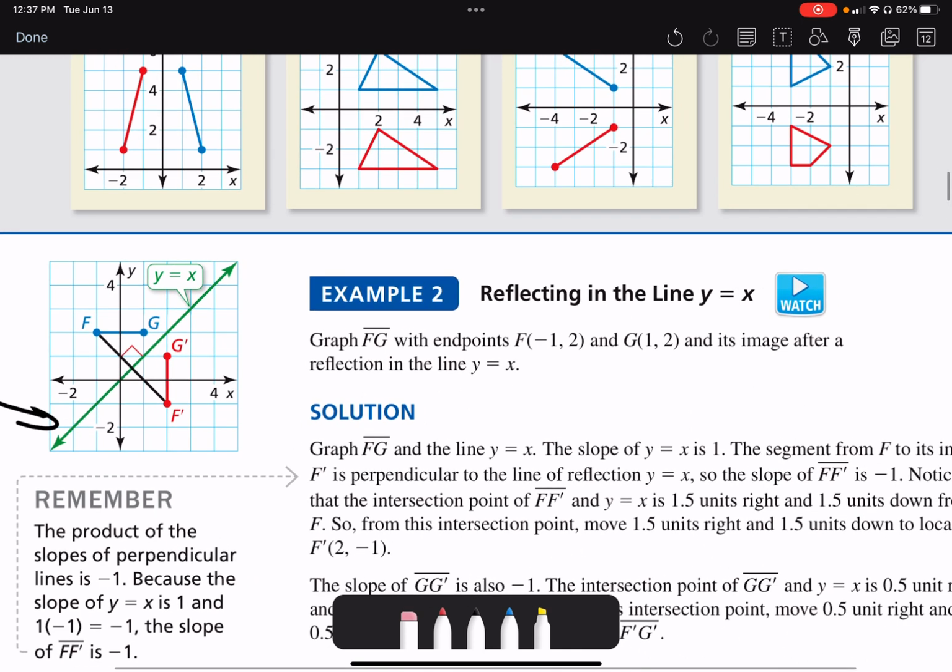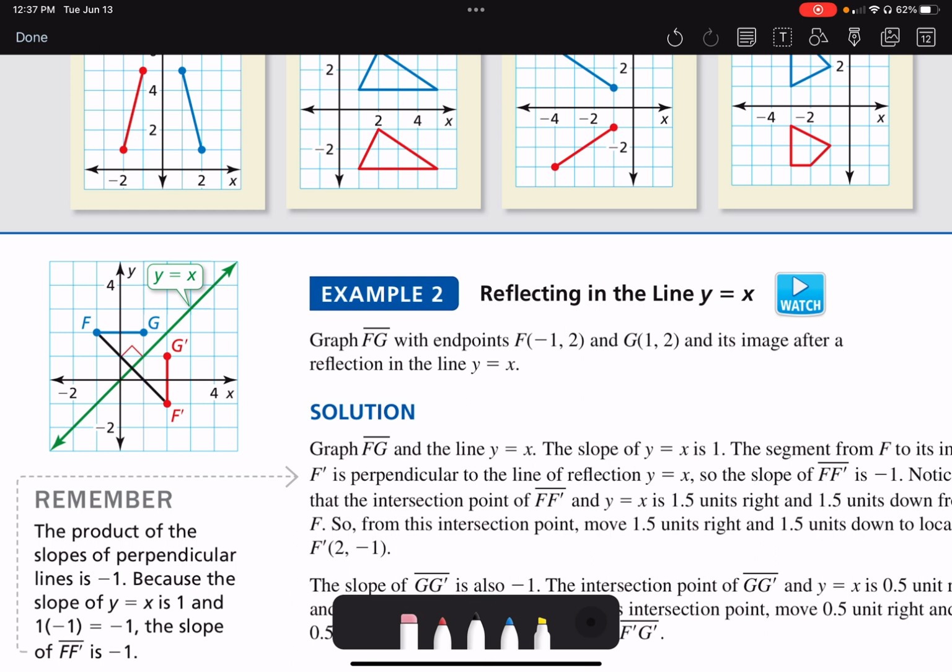It says graph segment FG with endpoints F(-1, 2) and G(1, 2), and its image after reflection in y is equal to x. I know y is equal to x is diagonal. It's not really horizontal or vertical.